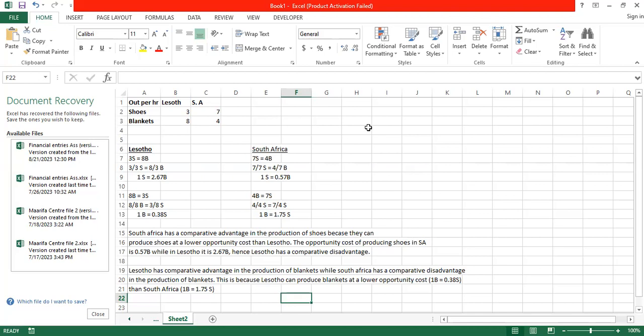All right, wait, maybe let me explain it this way, because there's something that I also wanted to clarify leading to the comparative advantage.